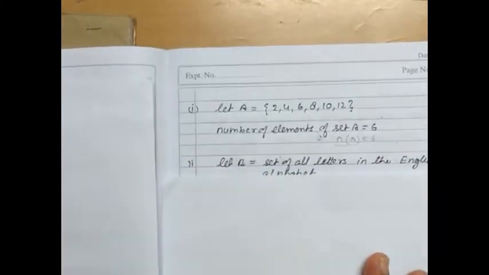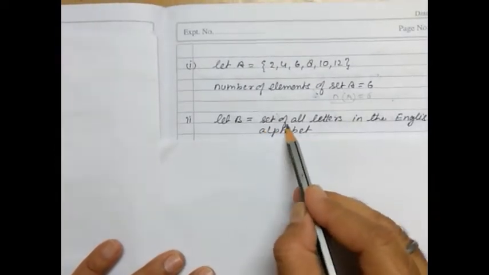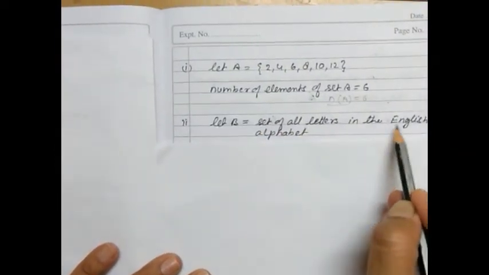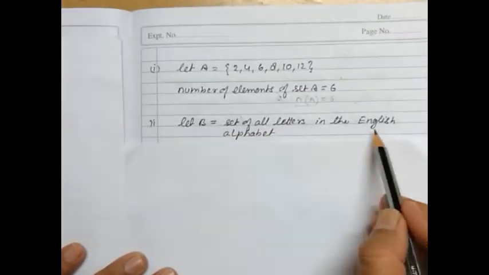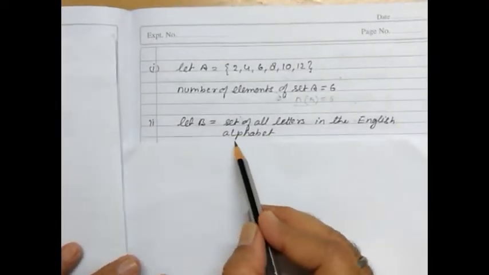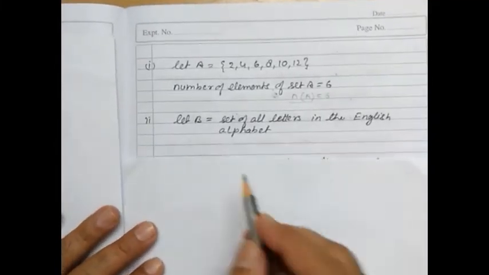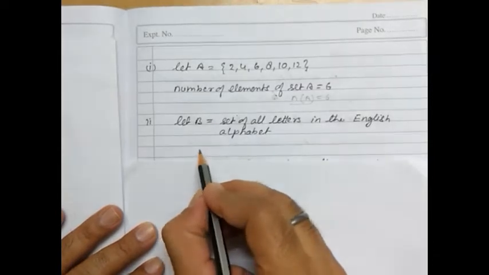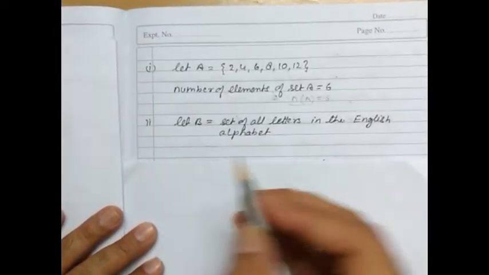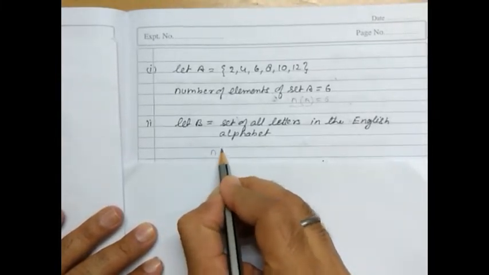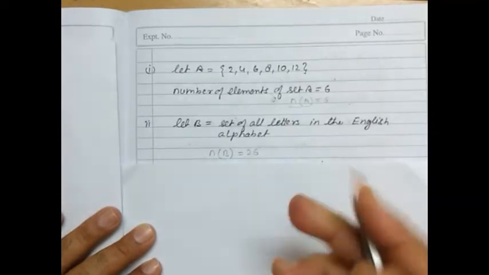Now let's say another, let B is equal to the set of all letters in the English alphabet. When we are talking about all the letters in the English alphabet, what number of elements are there? We know very well that the English alphabet has 26 letters. So we can represent this as cardinal of B is equal to 26.